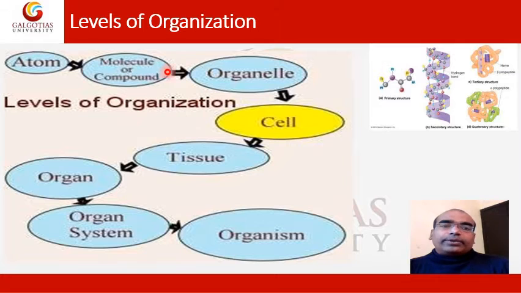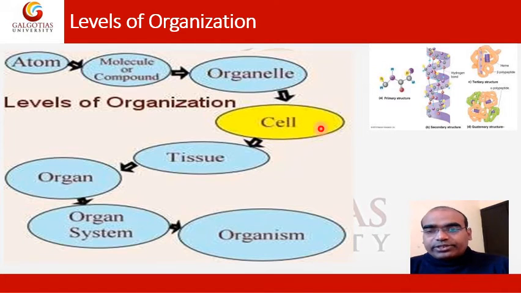Now, levels of organization, so we have a better understanding. The smallest part of anything is called an atom. When atoms combine, they create a molecule or compound. When molecules combine, they form an organelle. When organelles combine, they create cells.